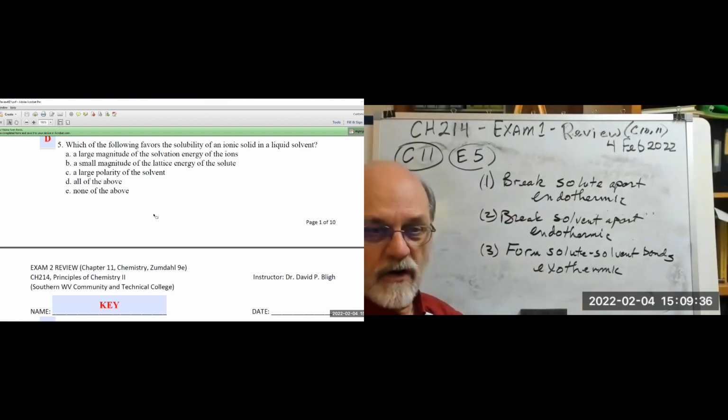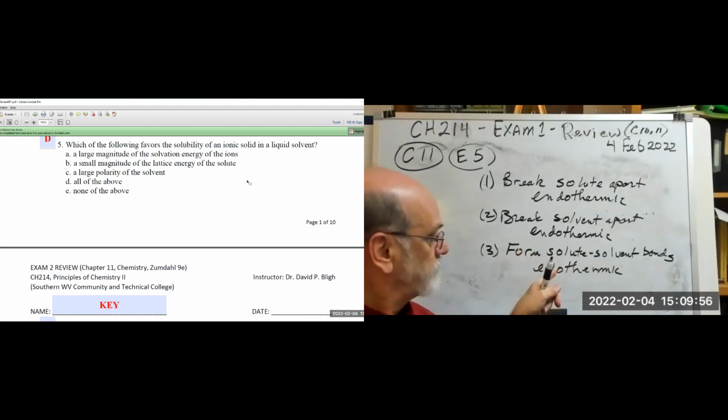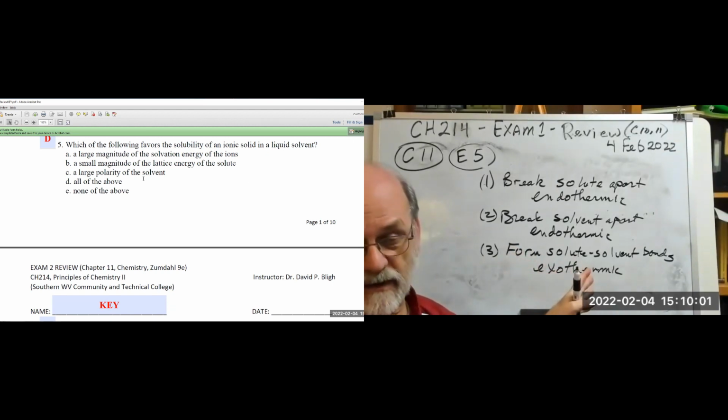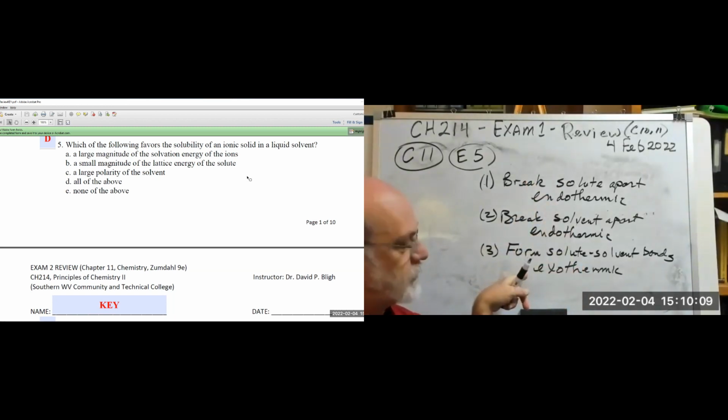So if we go back and look at our choices, which of the following favors the solubility of an ionic solid in a liquid solvent? Well, let's see. A large magnitude of the solvation energy of the ions. Now we're talking about an ionic solid in a liquid solvent. Once you get the ions separated, do you get energy back? Well, yeah, that's good.